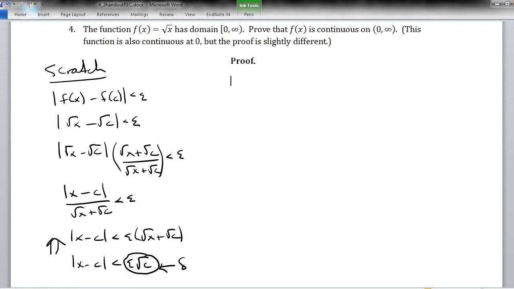So let's go ahead and try and write down a proof based on that scratch work. First we will let c be a number between 0 and infinity. And then as in all epsilon delta proofs, we will start out by saying given epsilon greater than 0, let delta equal, in our case, epsilon times square root of c.